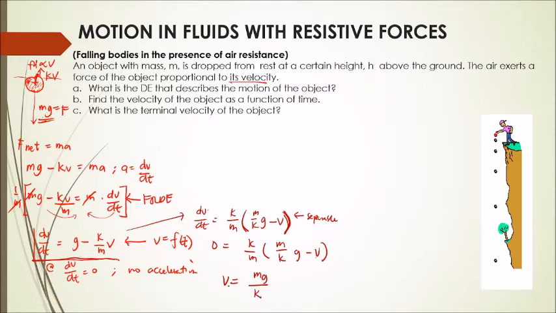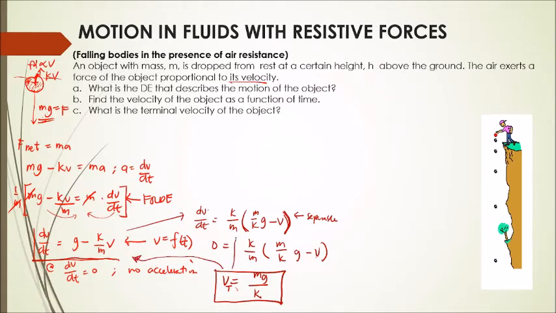Okay, this v actually is the terminal velocity. So this terminal velocity appears when there is no acceleration. So, why not use this vt to be substituted into the earlier equation?